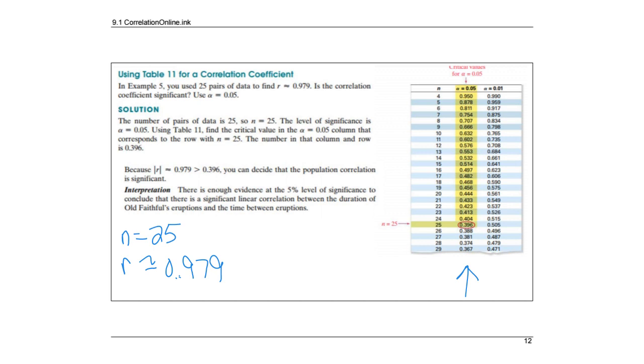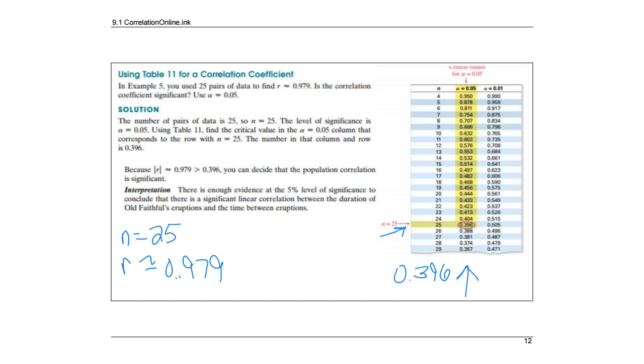I have to look at the significance, which is 0.05, in this column in the middle. I also have to look at my n. Since my n was 25 and I wanted the significance level of 5%, my critical value is 0.396.